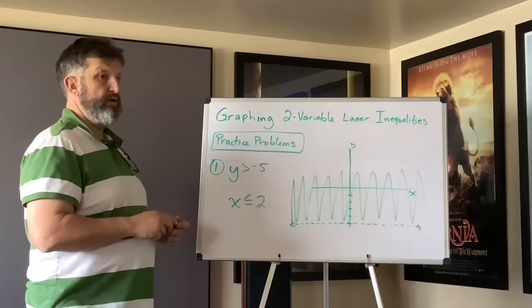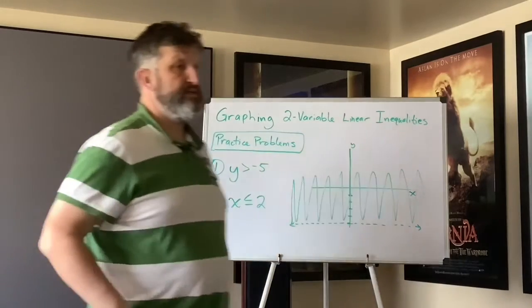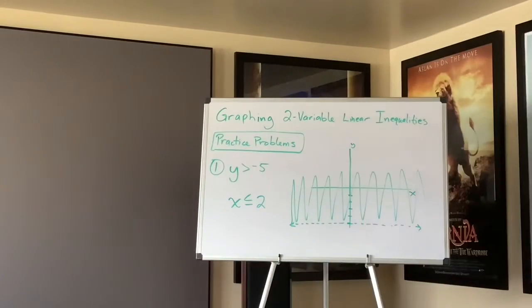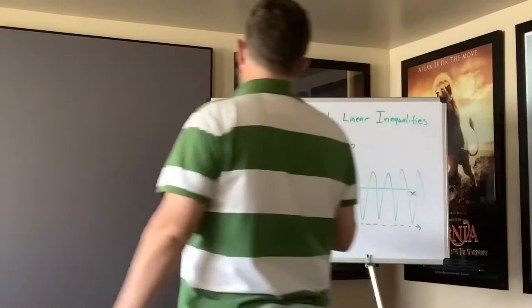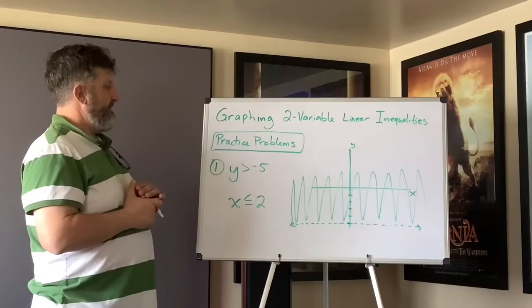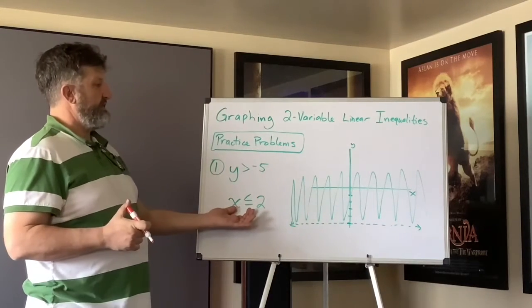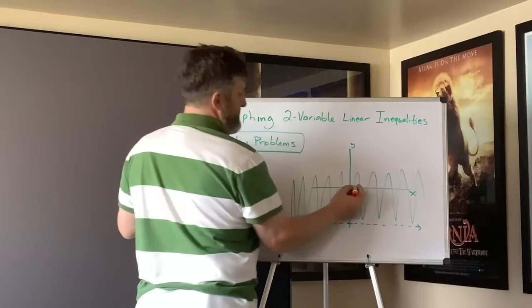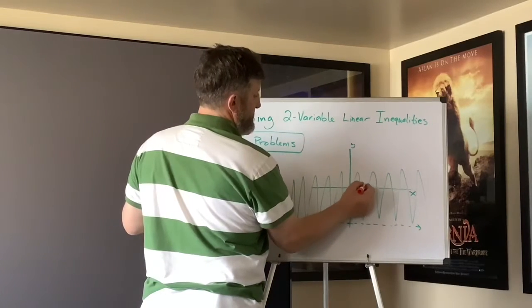Okay, now, what if we were going to do x is less than or equal to -2? Well, obviously, the x means that this equation has no y's in it, right? So I have to go over here to -2, 1, 2.